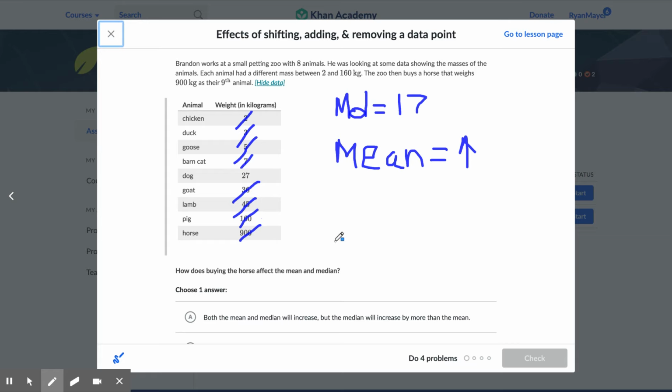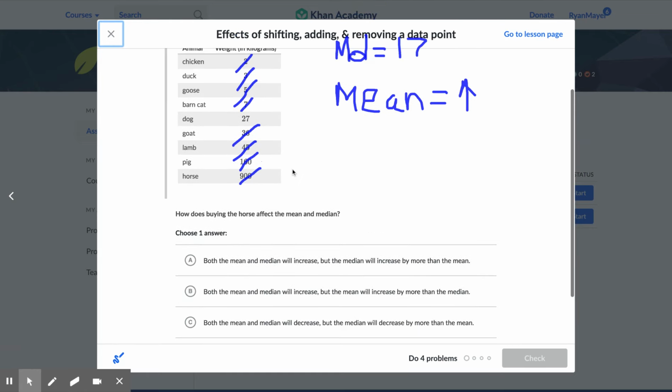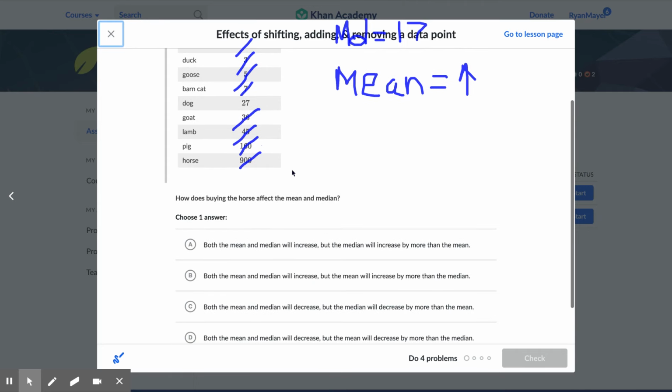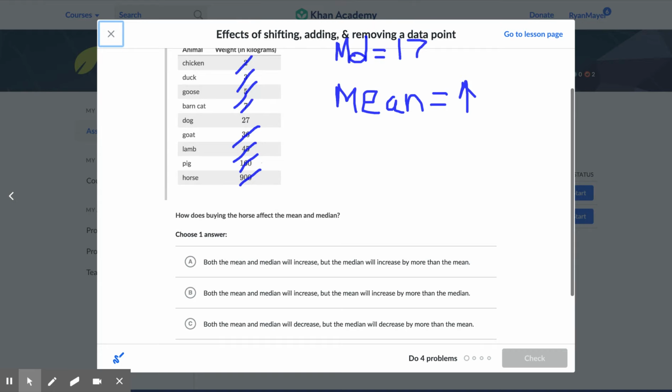Now, sometimes they're going to ask you guys which one of these, maybe one of them went up more than the other. I can tell you right now, both the mean and median will increase. It's one of these. One of these is our answers here. So we need to figure out, is the median going to increase more than the mean, or will the mean increase more than the median?